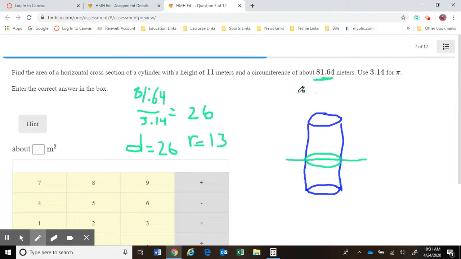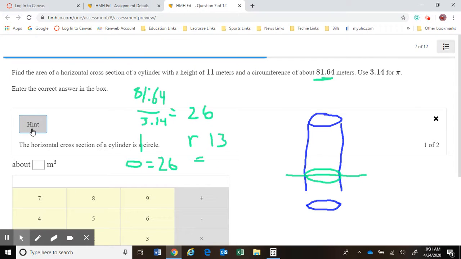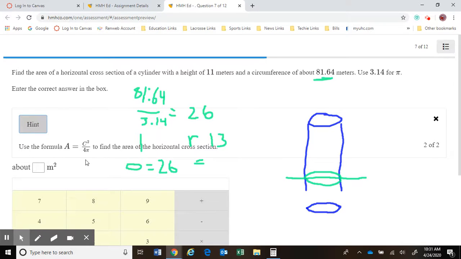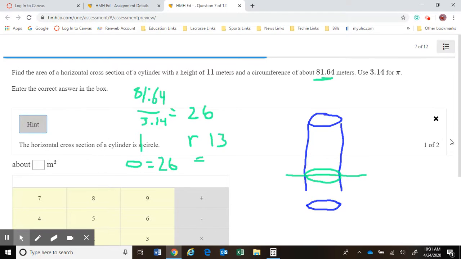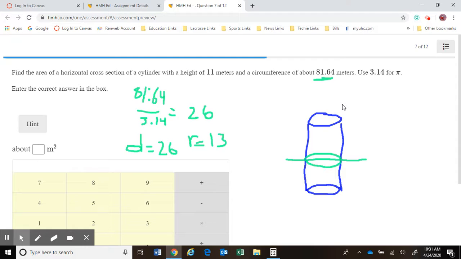So I need to go, and of course you can look at the hints here. Pi r squared. Okay, I'll X out my hints here. I did put my drawing back together. Okay. Area is pi r squared.